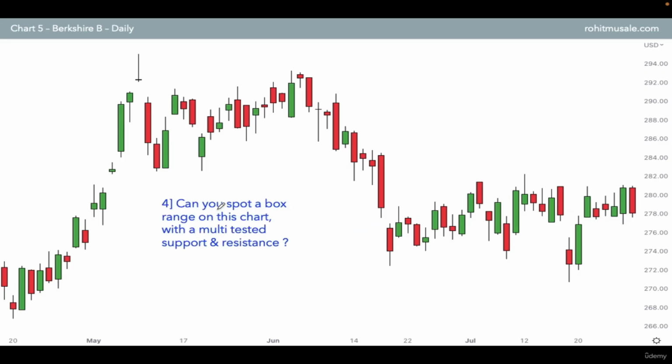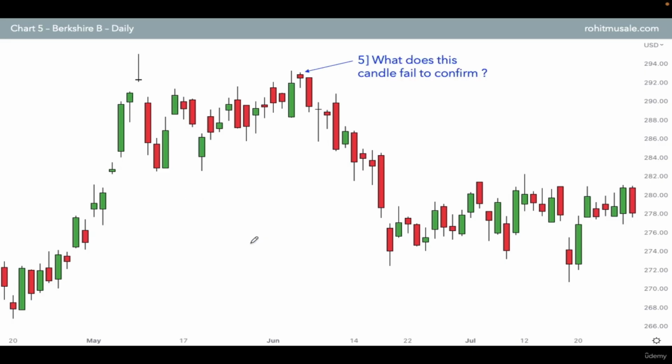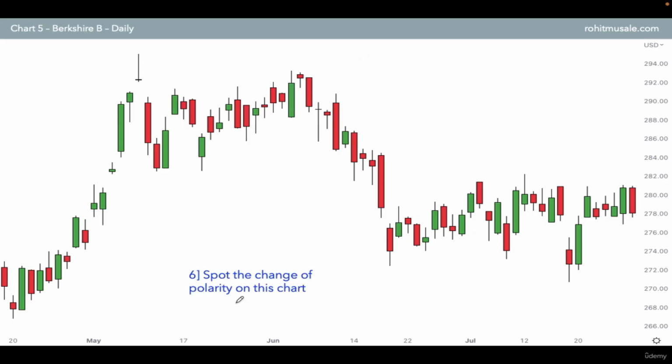Number 4, can you spot a box range on this chart with a multi-tested support and resistance? Number 5, what does this candle fail to confirm? This particular small candle. Number 6, spot the change of polarity on this chart.